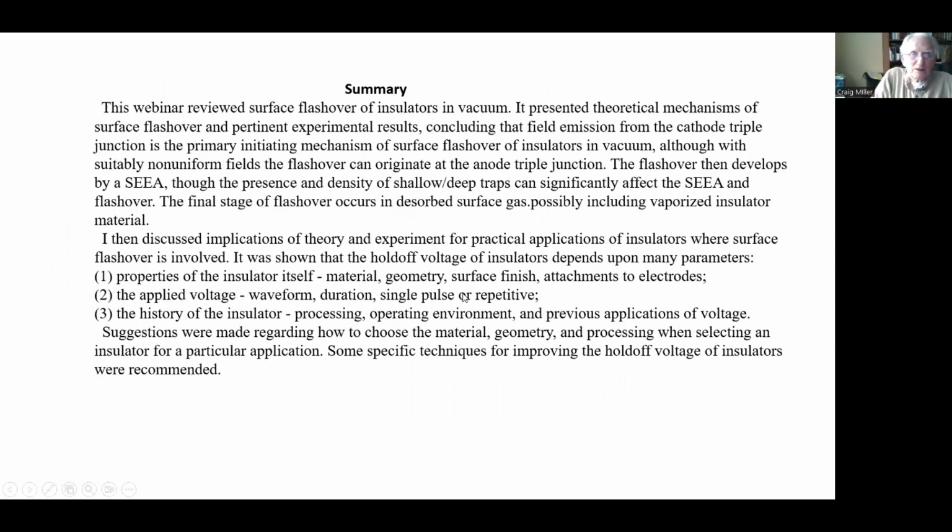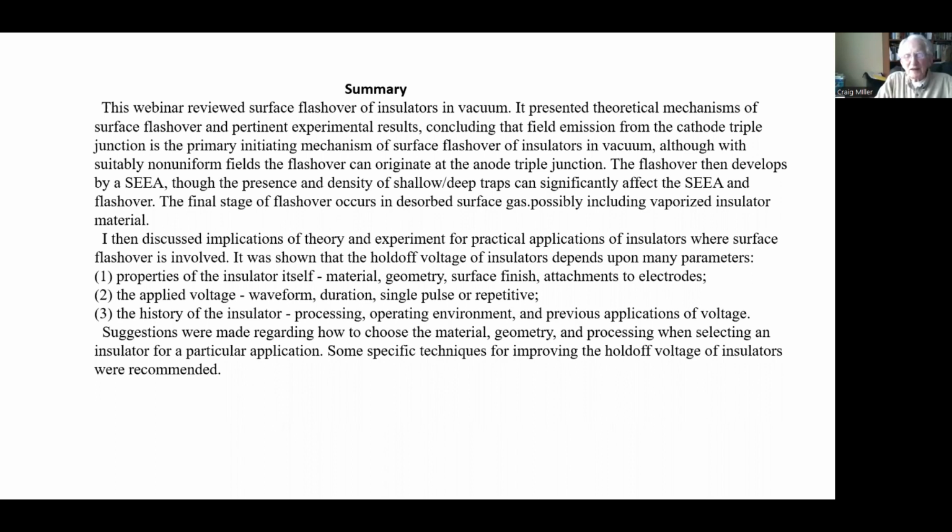To conclude, in summary, I reviewed surface flashover of insulators in vacuum, and presented theoretical mechanisms for surface flashover and pertinent experimental results. I concluded that field emission from the cathode triple junction is the primary initiating mechanism of surface flashover of insulators in vacuum, although with suitably non-uniform fields, flashover can originate at the anode triple junction.